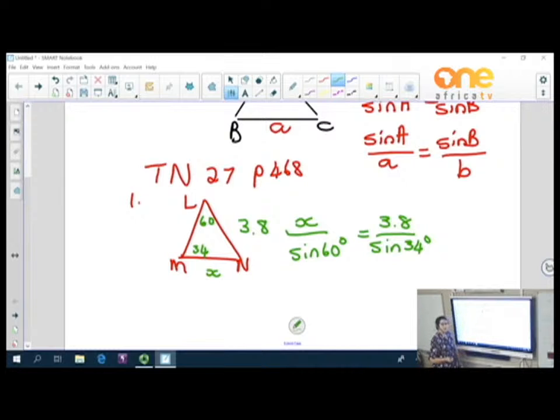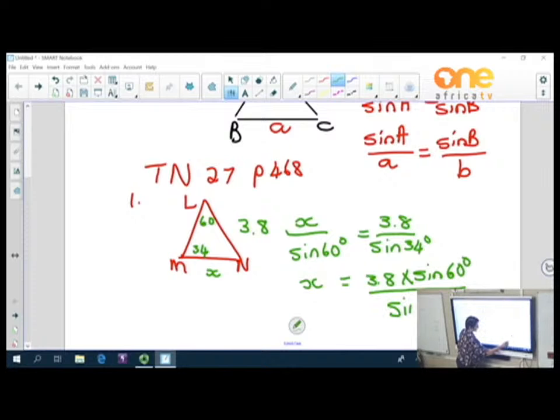Now to calculate it, this is with algebra that we will do it. I want to find x, so this is going to be 3.8. To get rid of this one here, to have x alone, I will multiply with sine 60. So what I do on the one side, I do on the other side, and then we divide by sine 34 degrees.